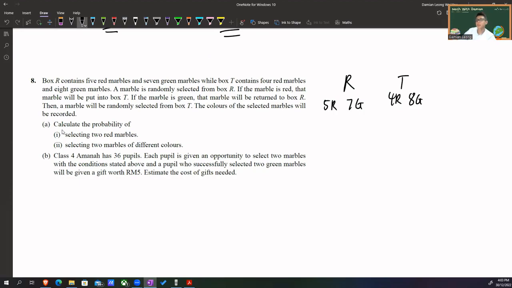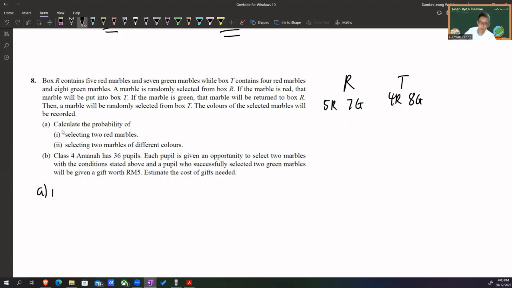So a marble is selected from box R. If the marble is red, then I put the marble into box T. If the marble is green, I put it back into box R. Then I select from box T. So the colors of selected marble will be recorded.